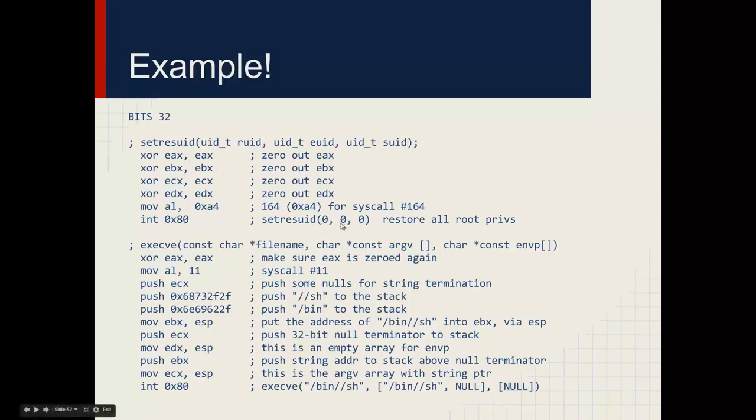If any one of these is still 0, it may allow the restoration of root privileges. And you can read up on setresuid. It won't be on the exam, but it's very important to know this technique. And the result, the shellcode after this, simply attempts to spawn a shell, which would hopefully be at root if this were all to work.